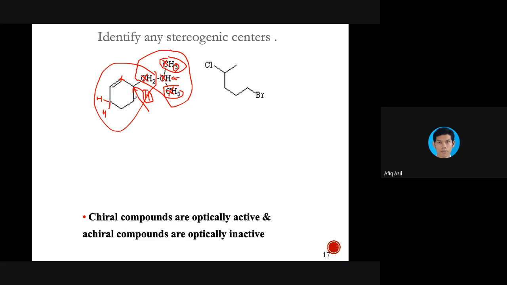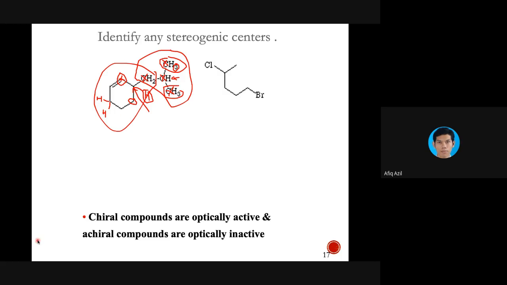It is bonded to this carbon, which is CH2, and it is also bonded to this carbon. So are this carbon and this carbon the same? They are not, because this is CH2 and this one is CH. So they are different.